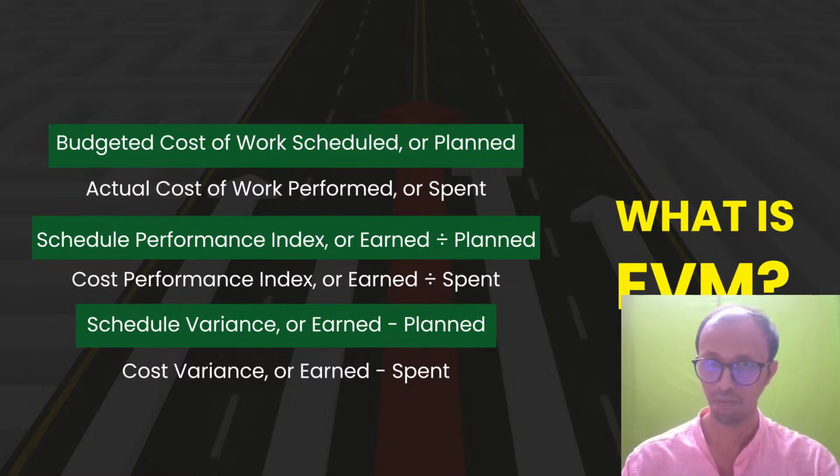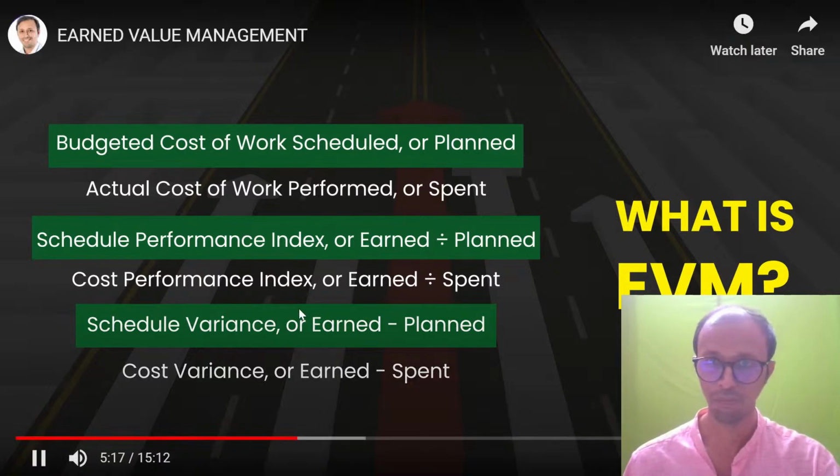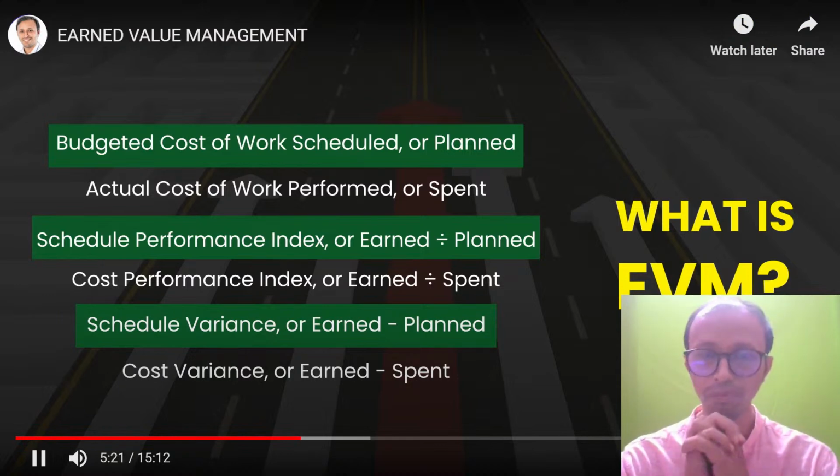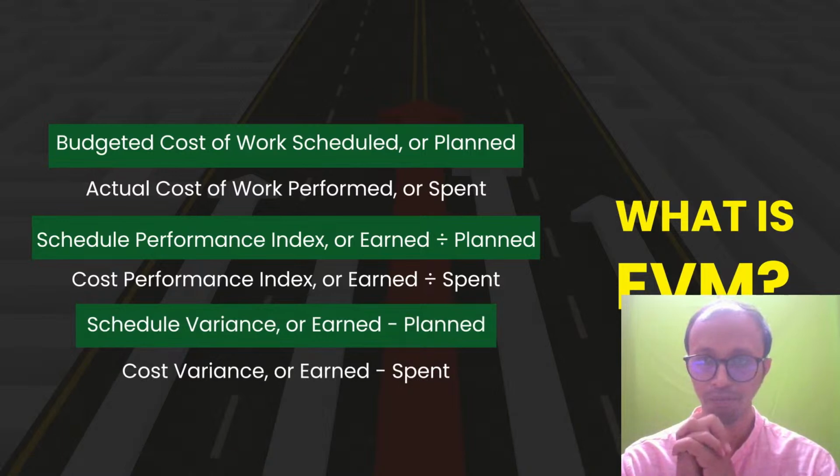What is the cost performance index? It is the earned value divided by the spent value. What is the schedule variance? It is the earned cost minus the planned cost. What is the cost variance? It is the earned minus spent. So these are the ways in which you will be able to calculate the various EVM terminologies or EVM codes.